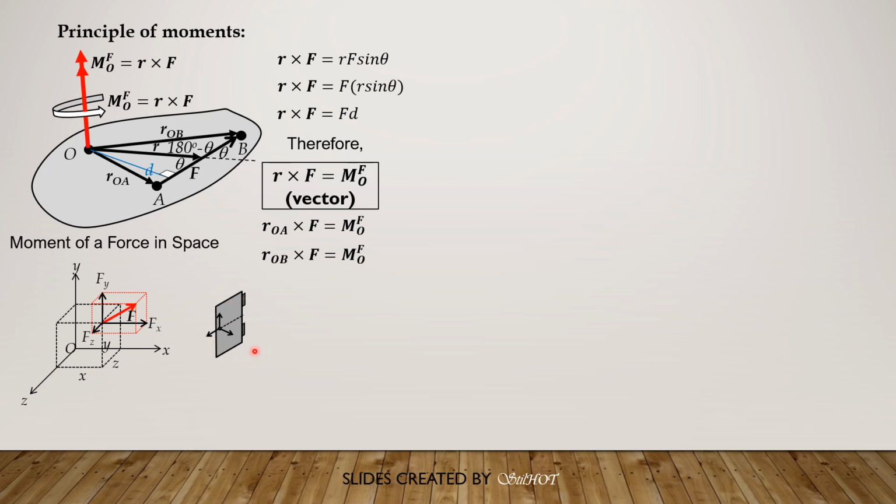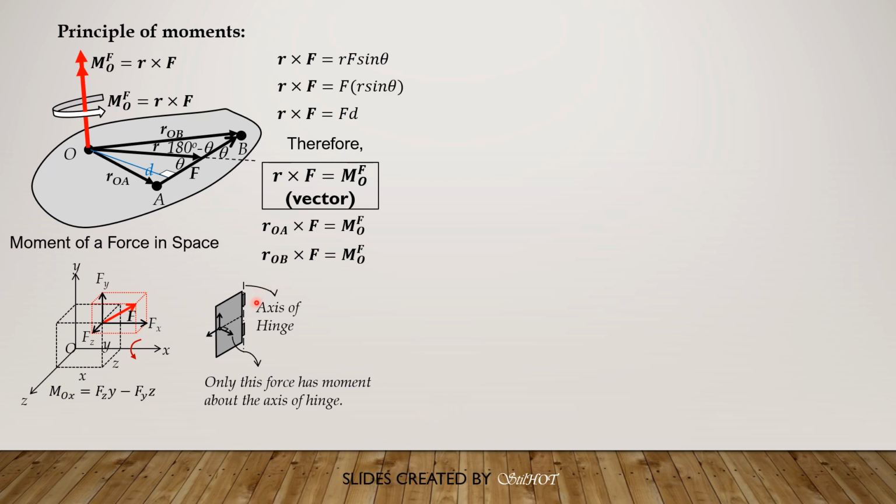So therefore, the only force that will have rotational capability is the force that is perpendicular to the plane of the door. Only the force that is perpendicular to the plane of the door will have the tendency to open the door or to rotate the door. So this component of force will only have a moment about the axis of the hinge.